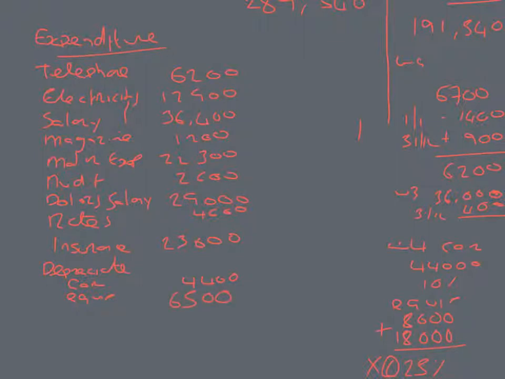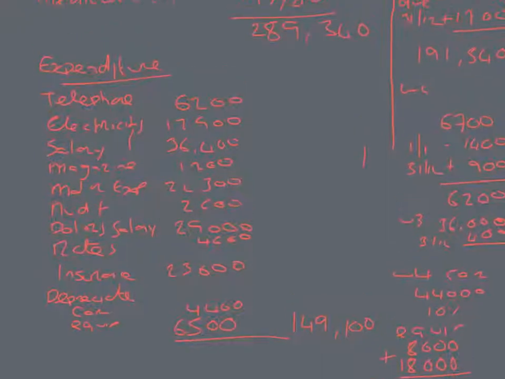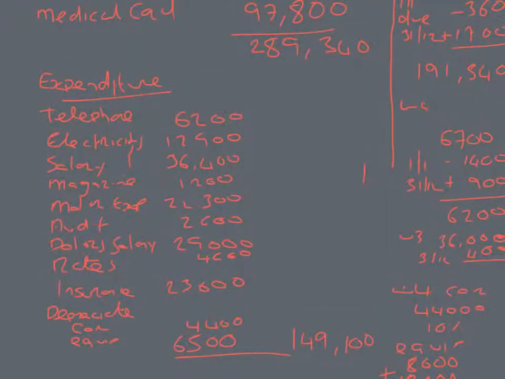So now all we need to do is add up all our expenses. So the total of our expenses comes to 149,100. And we just need to take that away from our income. So our income up here is 289,340.